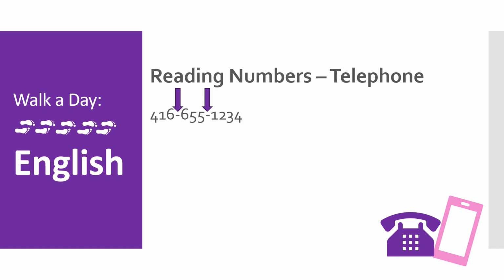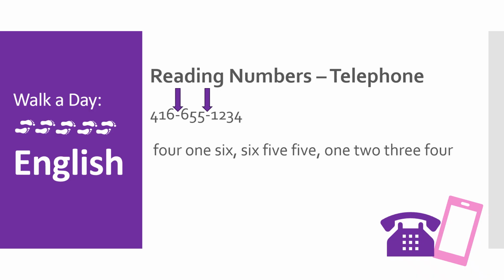So for example, I might say 416 655 1234. Now you'll hear I added another little pause between the 2 and the 3. Let's hear that one more time. 416 655 1234.